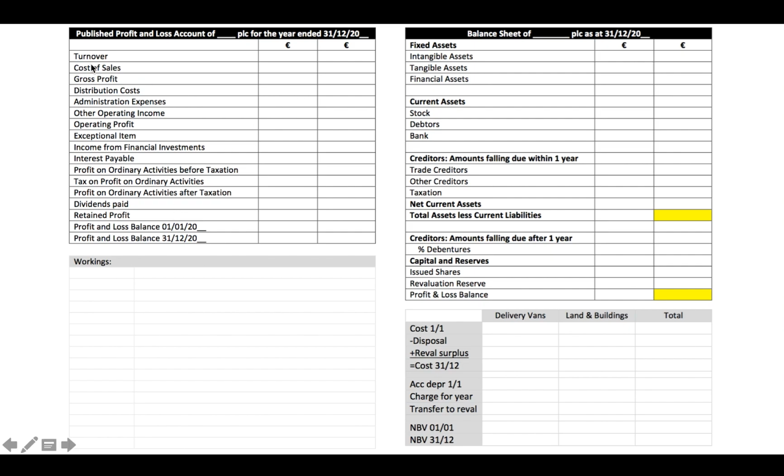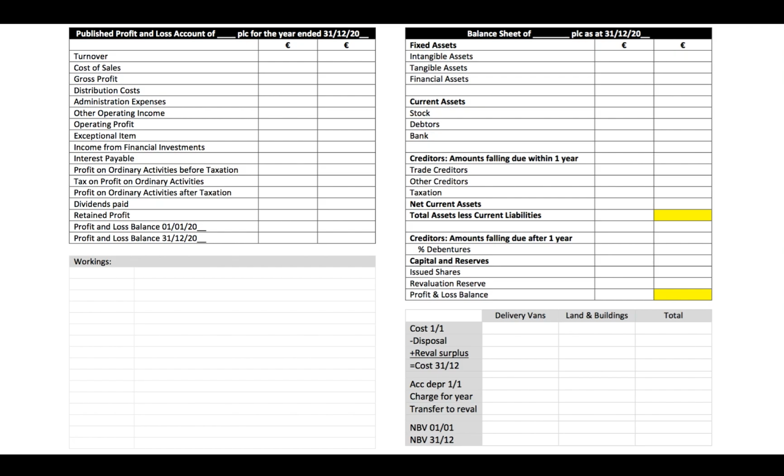So you've got your turnover, cost of sales, gross profit, distribution costs, administration expenses, other operating income, operating profit, exceptional item, income from financial investments, interest payable, profit on ordinary activities before taxation, tax on profit on ordinary activities, profit on ordinary activities after taxation, dividends paid, retained profit, profit and loss balance 1st of the 1st and profit and loss balance 31st of the 12th. And then you have your balance sheet as at the 31st of the 12th.